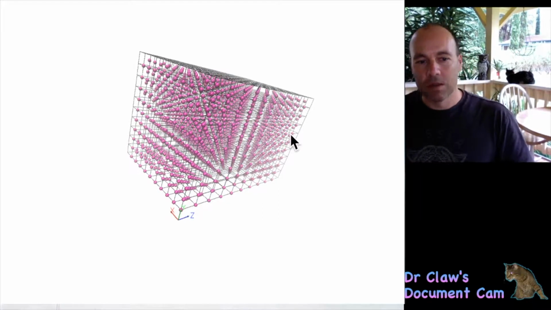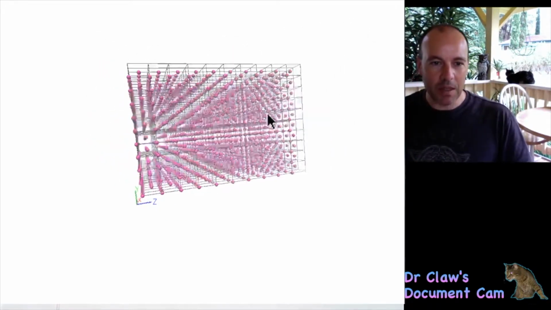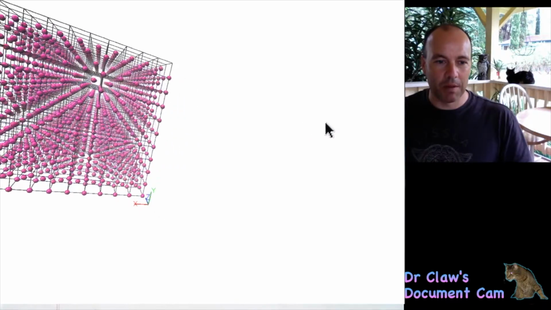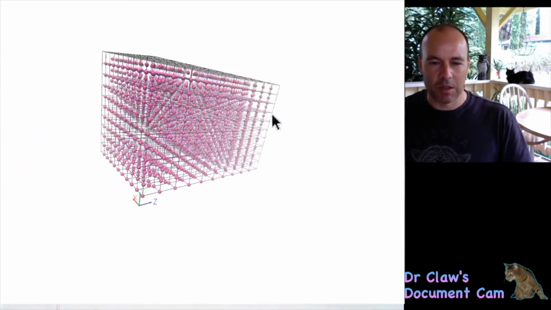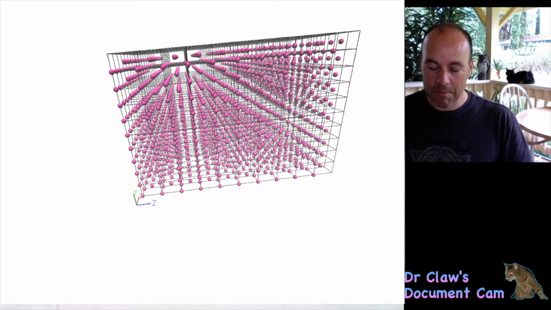So maybe you're beginning to see that all atoms have similar positions, but it might be a little bit easier to see if we draw the atoms to scale now.